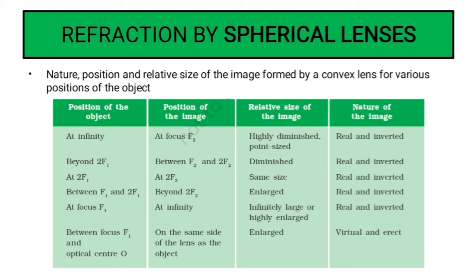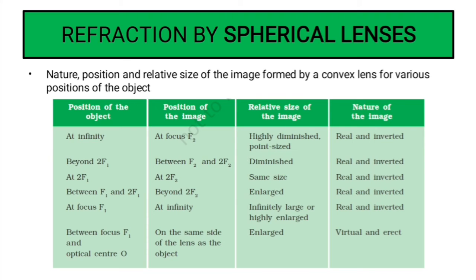Now comes the sixth and the most different case from all the other five cases, where the object is between f1 and the optical center. You have brought it so close that it is between the optical center and f1, then the position of the image suddenly shifts to the same side of the lens. Earlier it was on the other side of the lens.